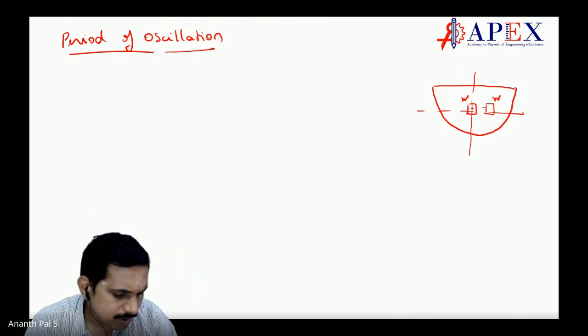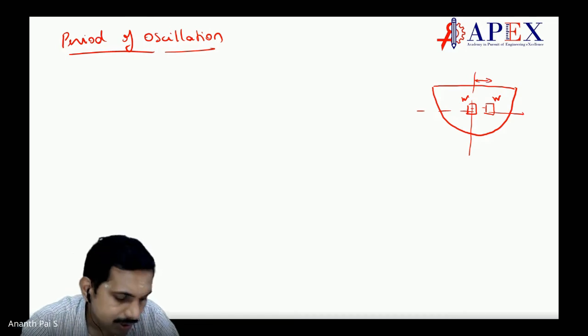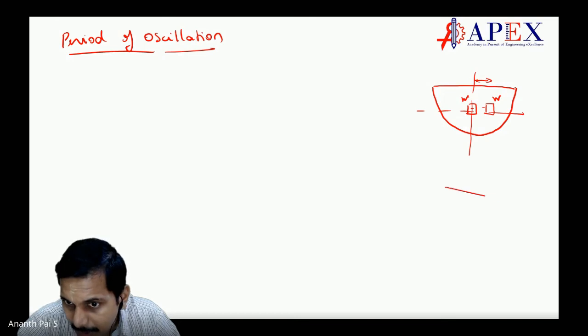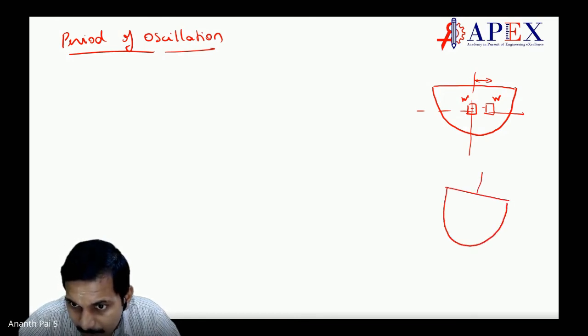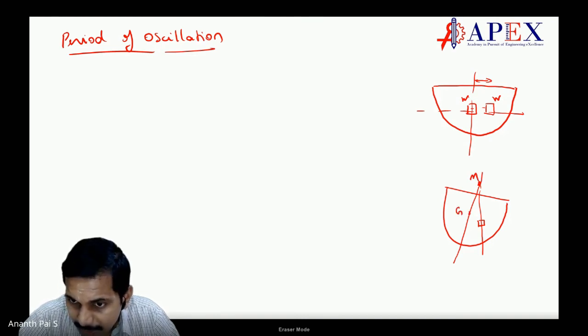Now, if I consider the torque caused because of that movement, let us say the movement happens like this. It is moved by, say, theta. This is M, this is G somewhere. The G is changed.